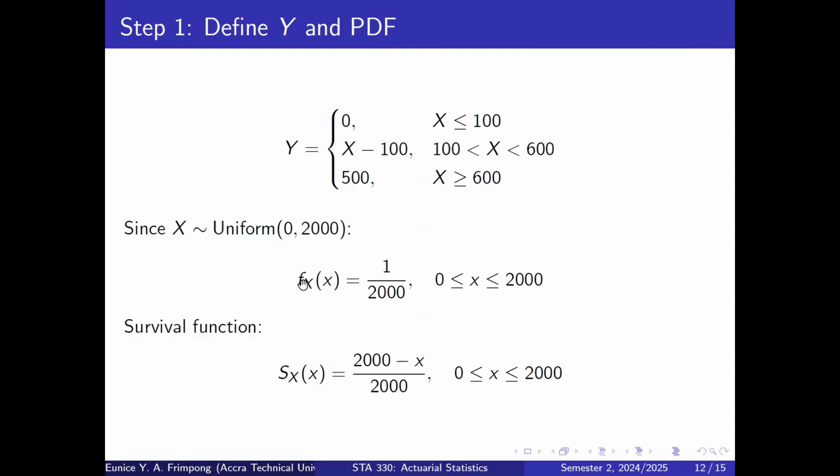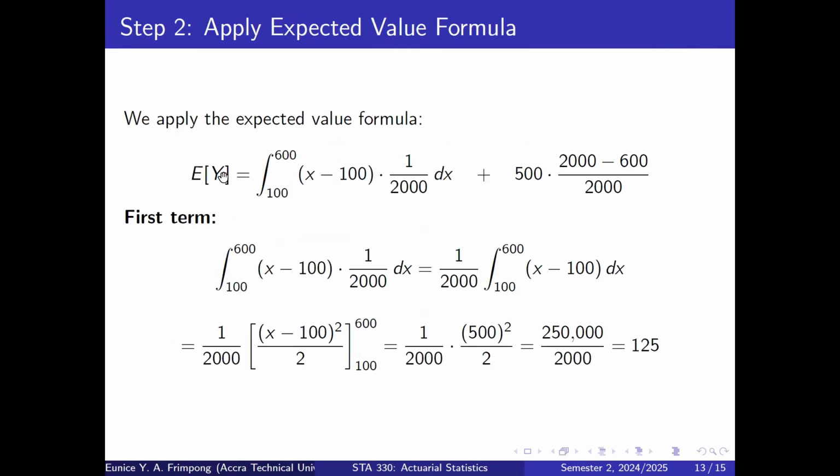So given our PDF and our survival function, what is our expected value? The expected value of Y is equal to the first instance where x lies between the deductible and the maximum covered loss. In that case, we expect Y to be equal to (x minus 100) times the PDF, 1 over 2,000, plus U, which is the policy limit, 500, times S of x, which we found to be 2,000 minus 600, all over 2,000.